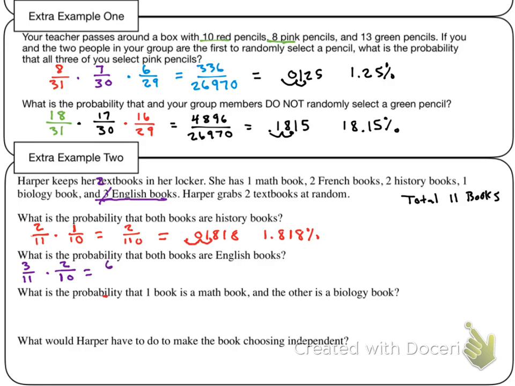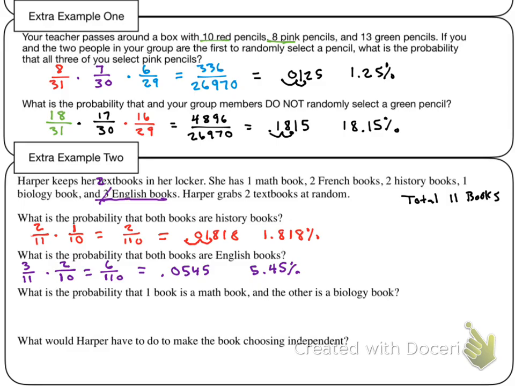So this is 6 out of 110, which is 0.0545, and percentage-wise, 5.45%. So a little higher chance that both books will be English.